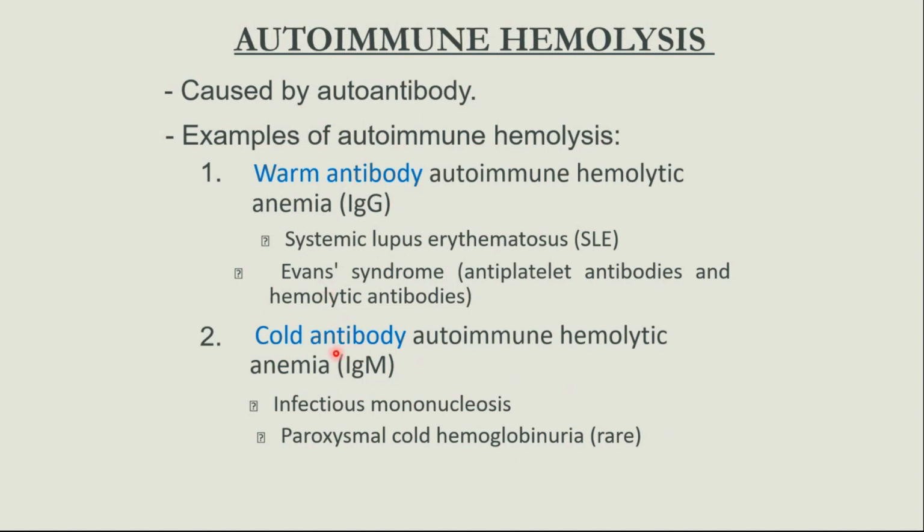The next is cold antibody. Earlier was warm antibody, now is cold antibody autoimmune hemolytic anemia (IgM). Examples of disease are infectious mononucleosis and paroxysmal cold hemoglobinuria.